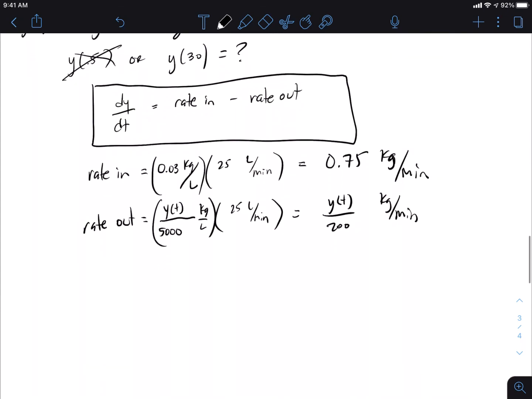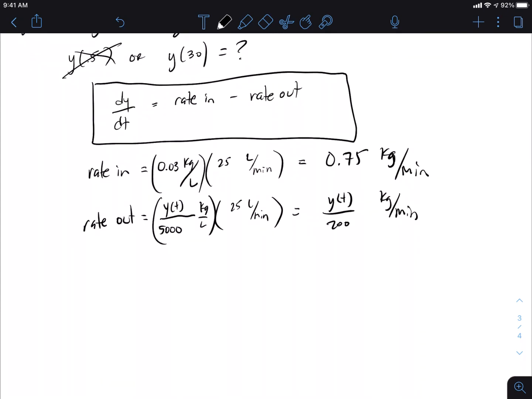Now we're going to use this differential. So the rate of change of salt, because that's what y represents, is going to be 0.75 minus the amount of salt with respect to time divided by 200.